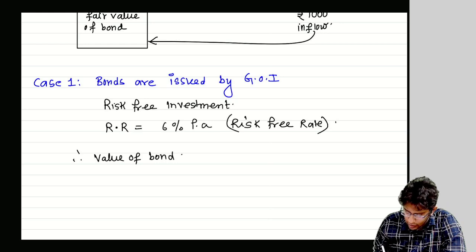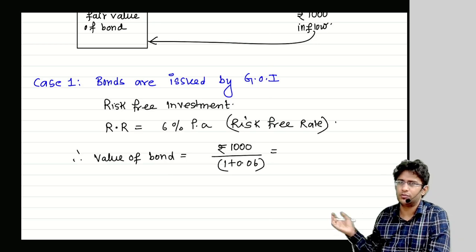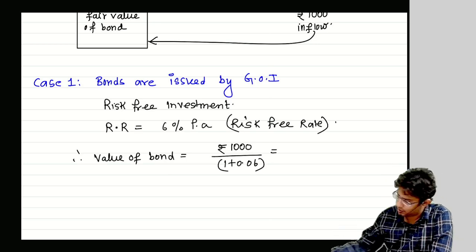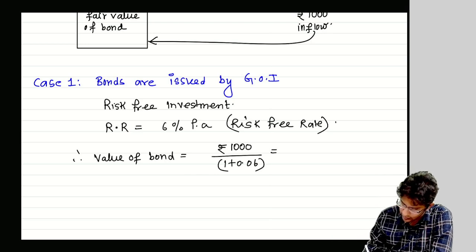So the value of the bond, how much will you give today? 1000 rupees divided by 1.06. You can multiply with the PV factor also. Single cash flow, I am directly doing it. How much did you get? 943.39. Okay, 943 we will take.